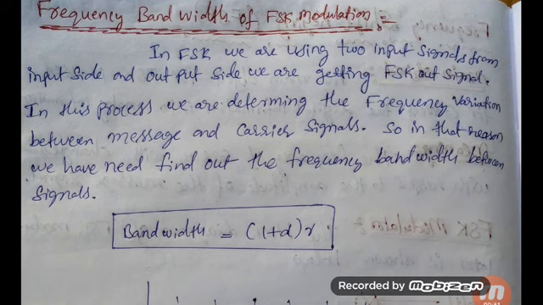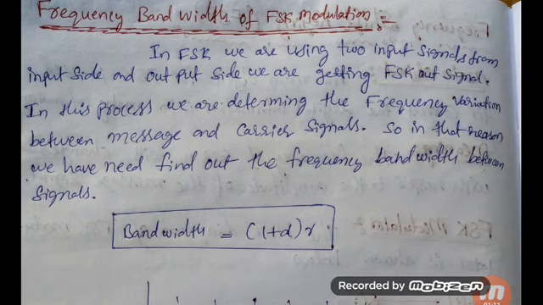In the conversion to the FSK output using input signals, we can find the frequency variation between the message and carrier signals. So in that region we have to find the frequency bandwidth between the signals.